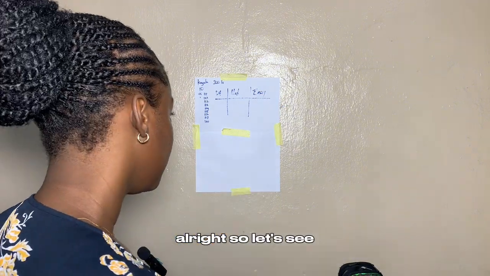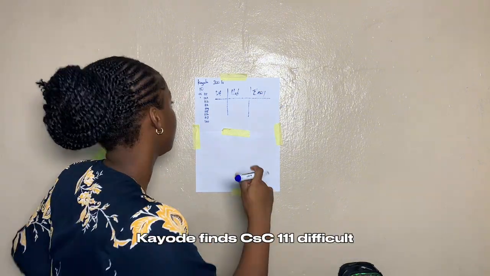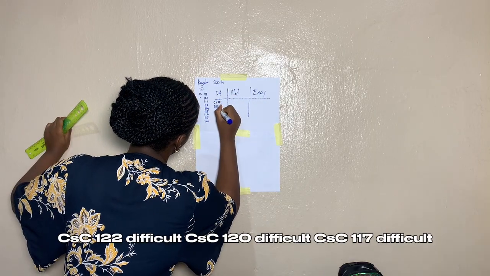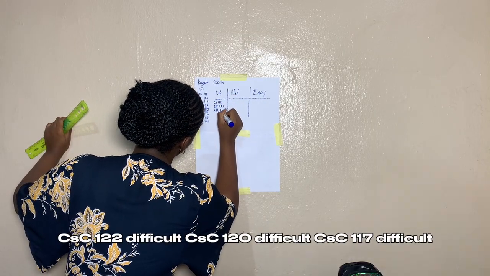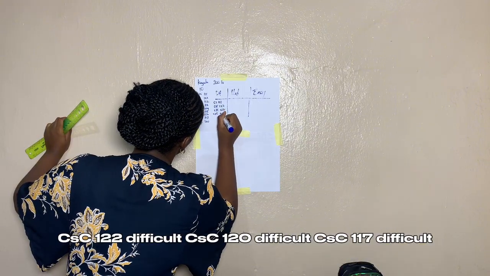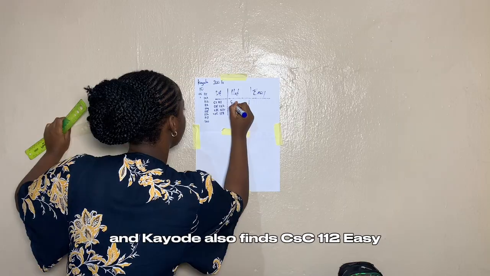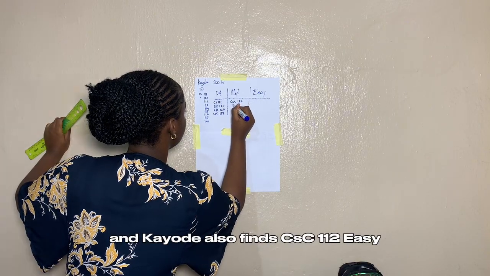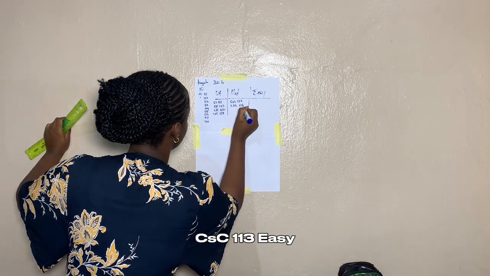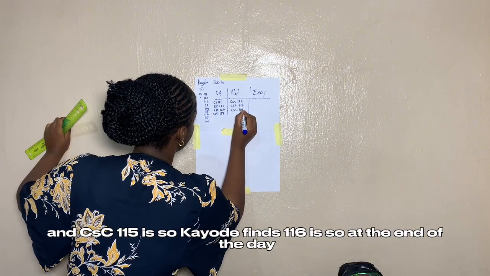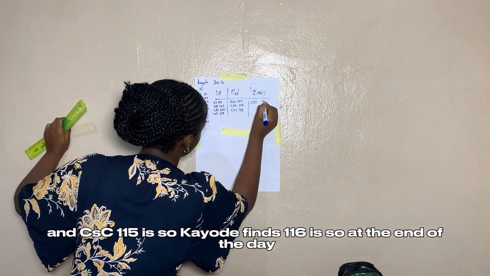So let's say Kayode finds CSC 111 difficult, CSC 122 difficult, CSC 120 difficult, CSC 117 difficult. And Kayode also finds CSC 112 easy, CSC 113 easy, and CSC 115 easy. Kayode also finds CSC 116 easy.